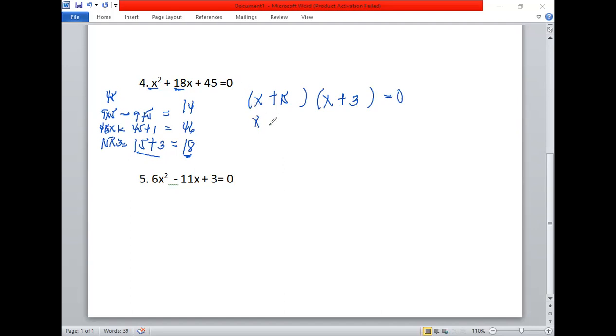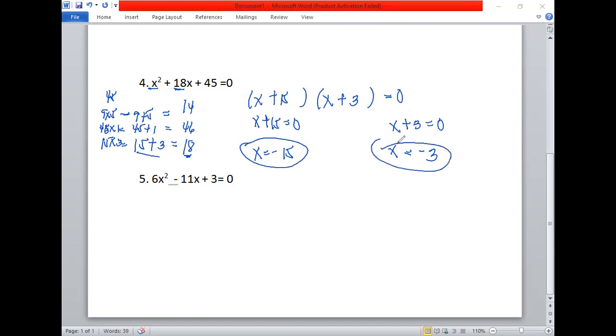So x plus 15 is equal to 0 and also x plus 3 is equal to 0. Transpose positive 15, so x is equal to negative 15 and also x is equal to negative 3. So these are the roots of the quadratic equation.